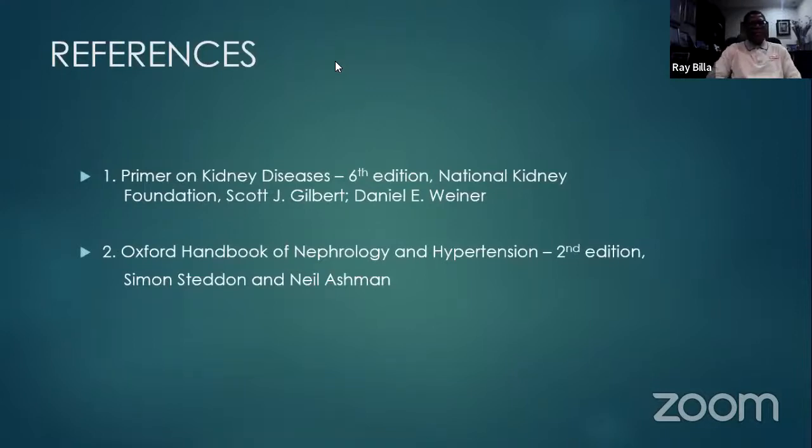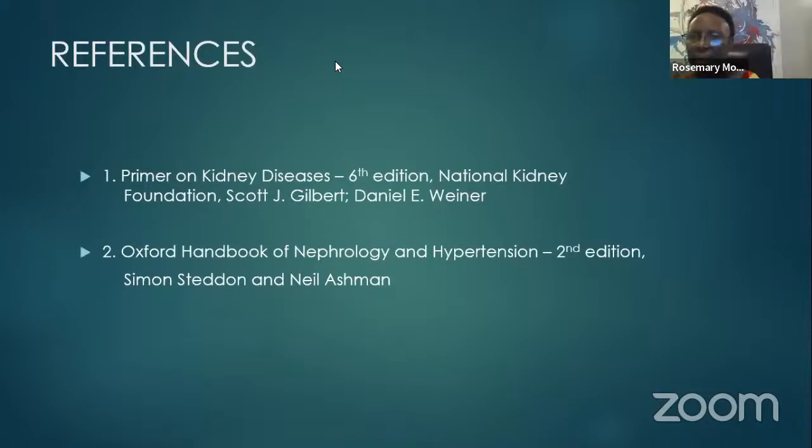The next question, which seems to be the last from Dr. Bob again: in patients with HIV, what would you recommend to assess tubular damage? The question is not that clear. Is it all patients with HIV that you would assess for tubular damage?